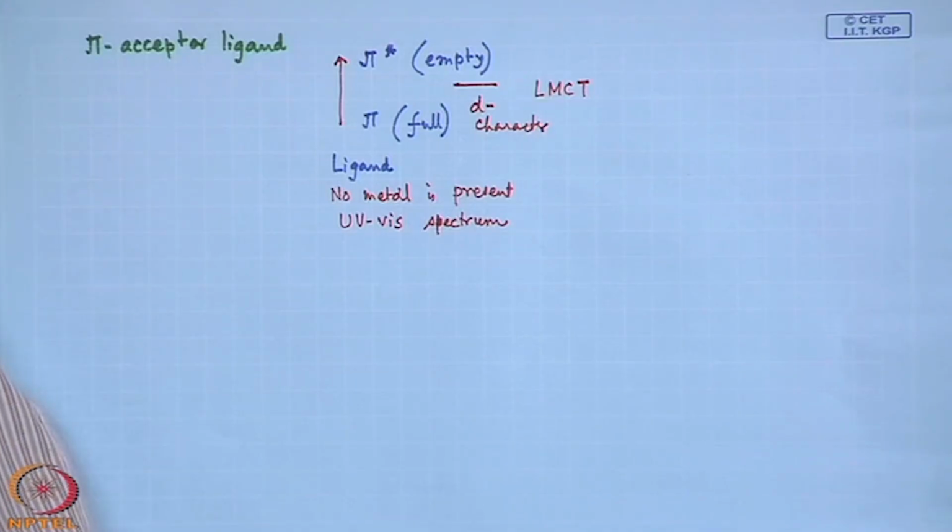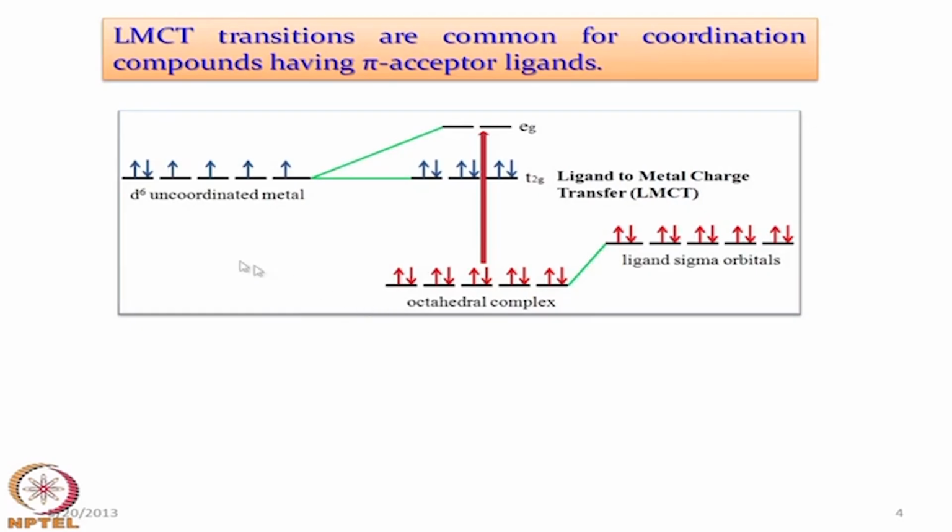So, if we have the pi acceptor ligands, then we have the d6 system, which is the free ion system, where we have many d electrons available on the metal ion. Then we have the ligand sigma orbitals.